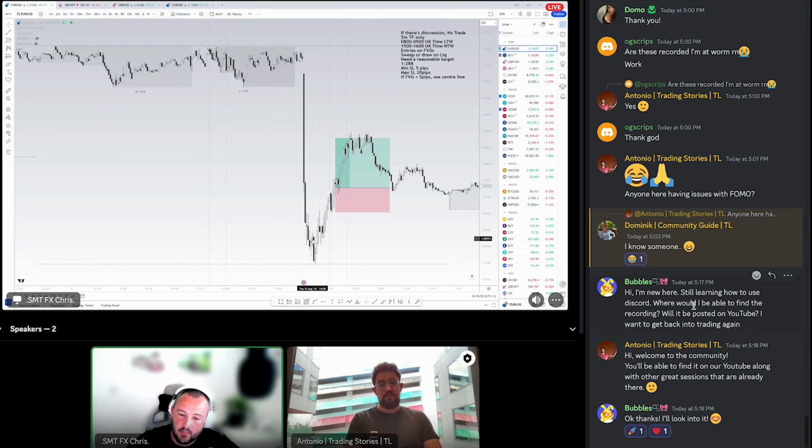What I'm looking at now is where this low is formed. We're starting to see some bullish momentum. In this situation, it's a little bit more difficult to say we are turning bullish. But the main thing that I'm looking at for this particular trade is the fact that we have a lot of imbalance. We've got a fair value gap here. This one itself is quite a large one, but this one is obviously even bigger.